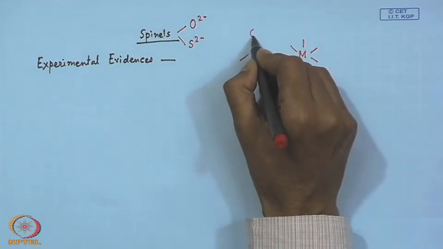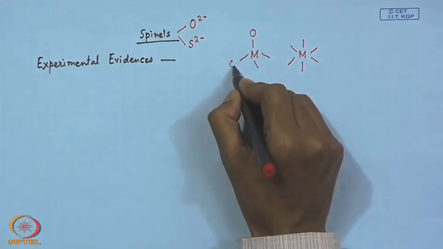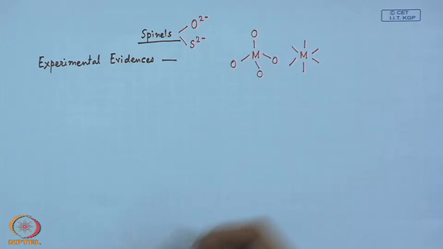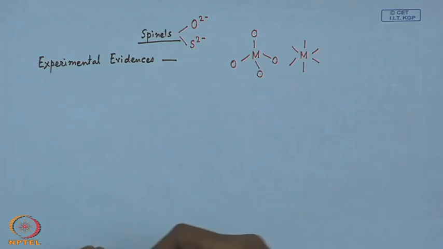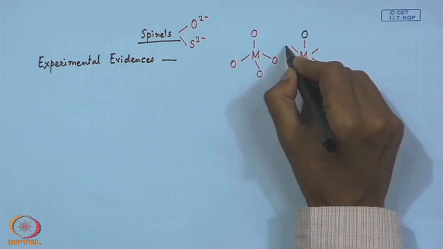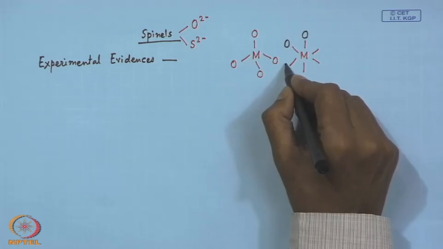So, these are the corresponding ligands, either oxide or sulfide, surrounding the metal ion in a typical tetrahedral geometry or an octahedral geometry.